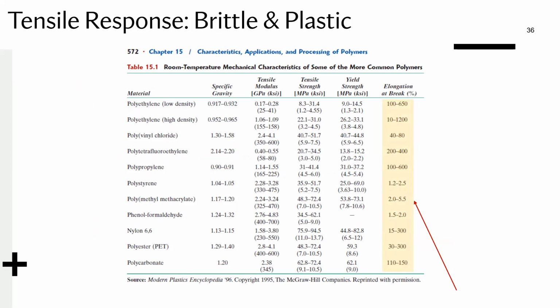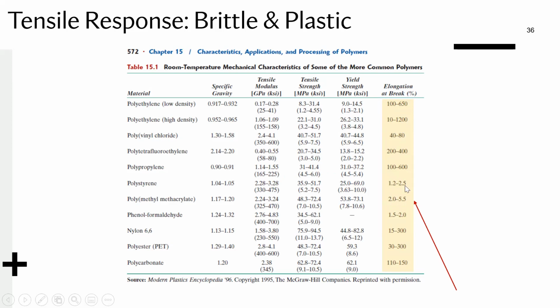Already, before I've even told you which of these are semi-crystalline and which are network, you can see that brittle versus ductile plastic behavior in the elongation. Some of these have very high elongations, even up to 1,000, 1,200.